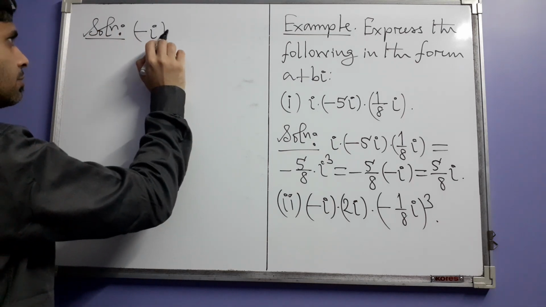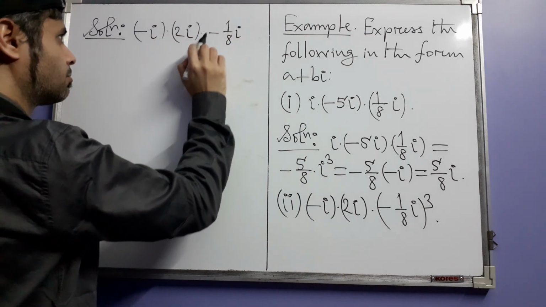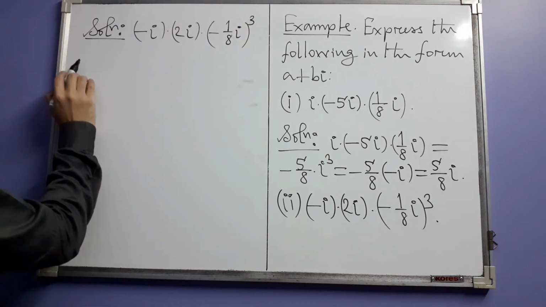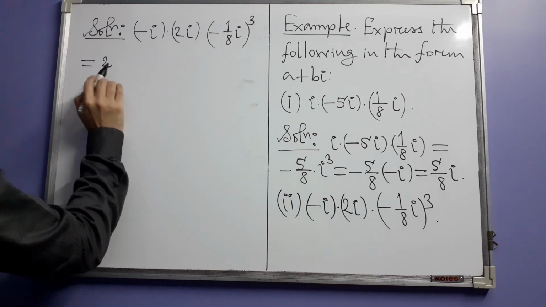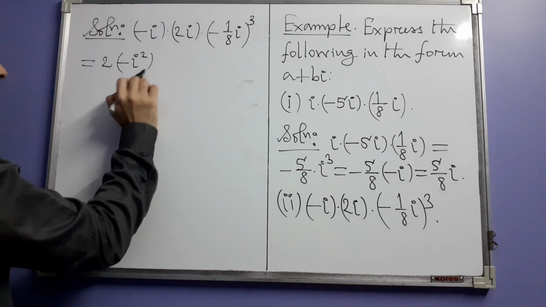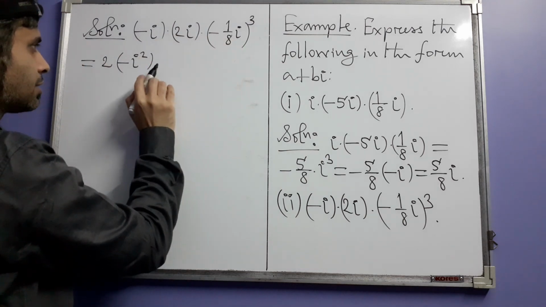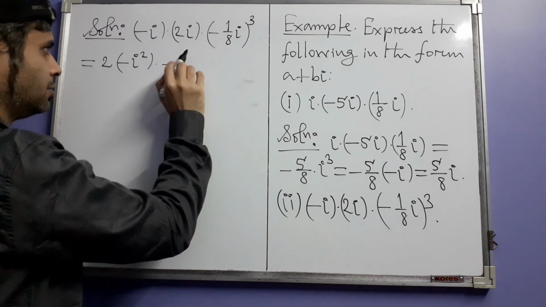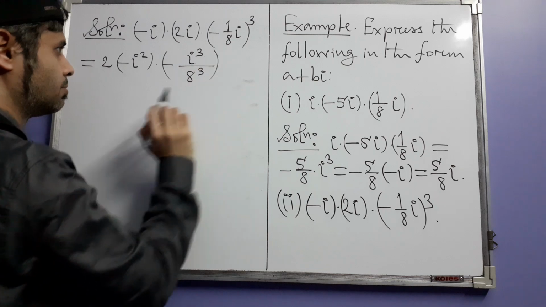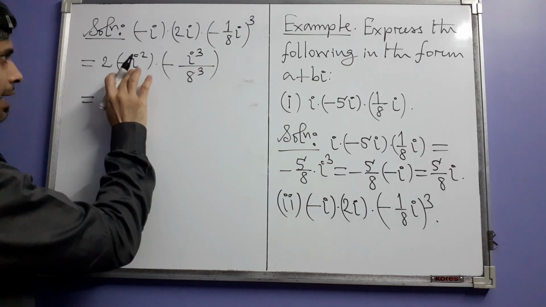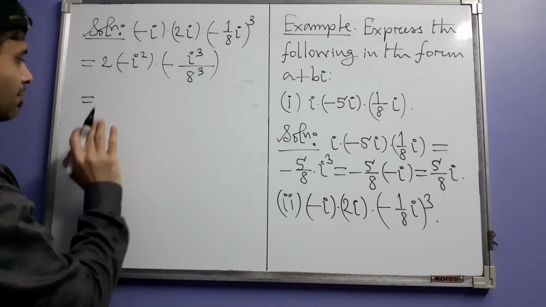So we can simplify things by considering this minus i square. Okay, so these two i's we take together. Because we have minus and cube, so minus will remain, i cube divided by 8 cube. Okay. i square is minus 1, so minus i square is 1. That means this does not have any effect.